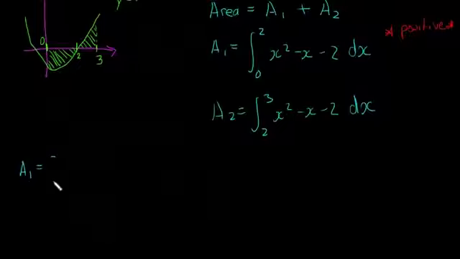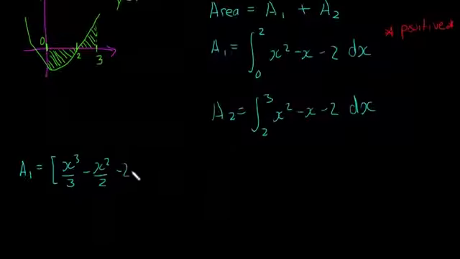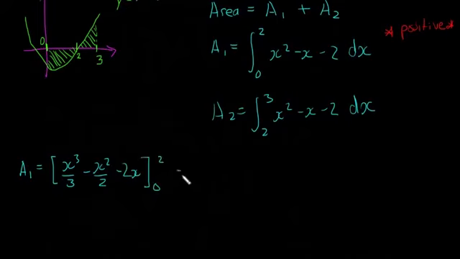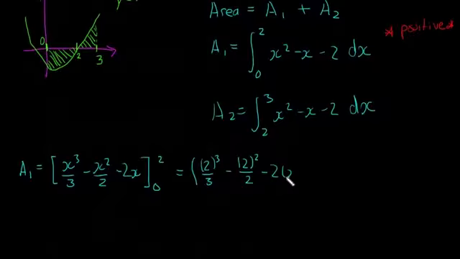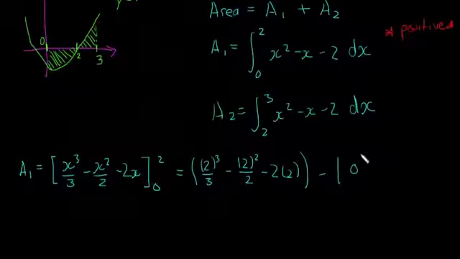So A1 is going to be equal to x cubed over 3 minus x squared over 2 minus 2x from 0 to 2, and that's going to be 2 cubed over 3 minus 2 squared over 2 minus 2 multiplied by 2, minus, and in this one it's just going to be 0.